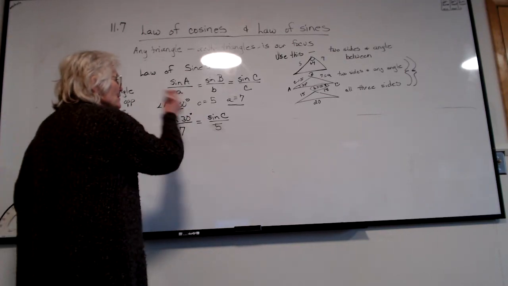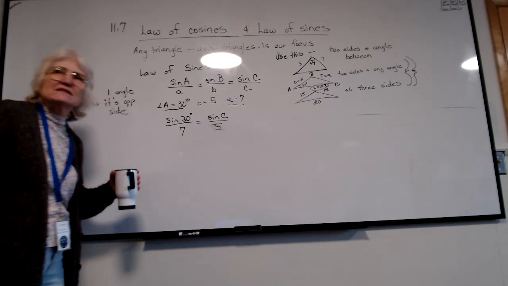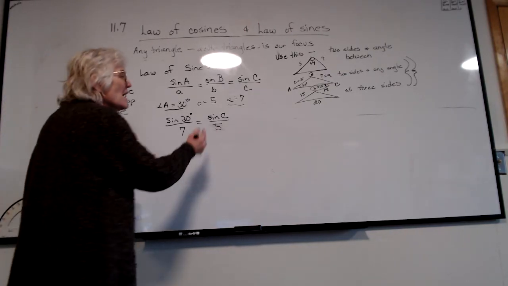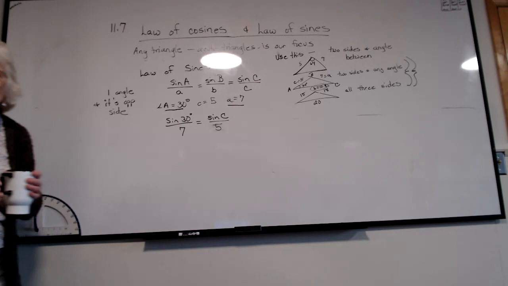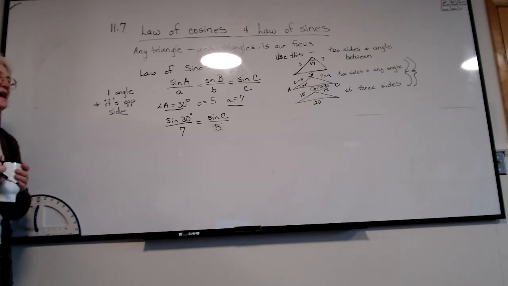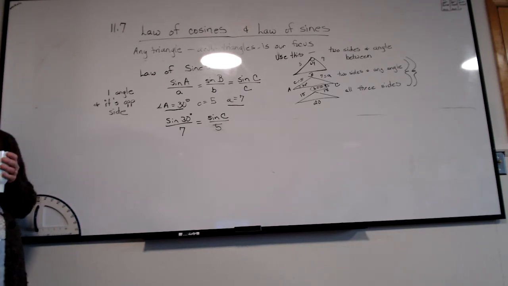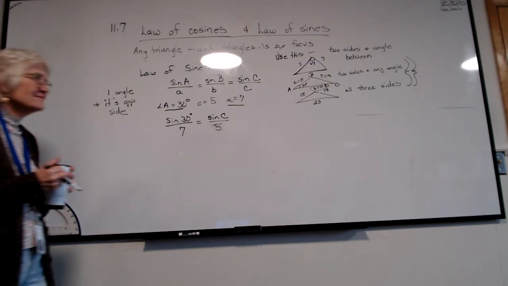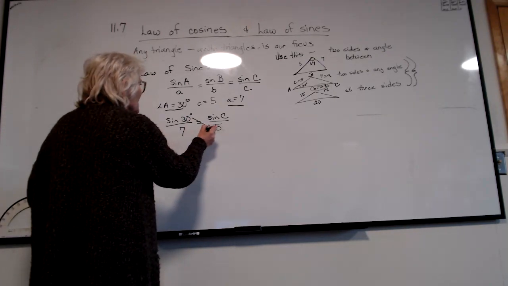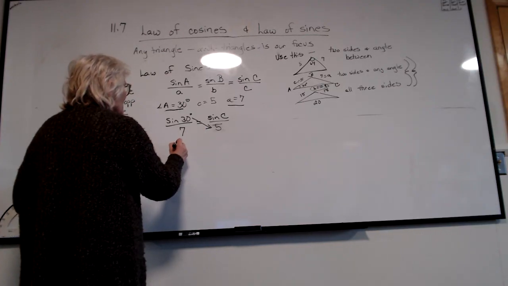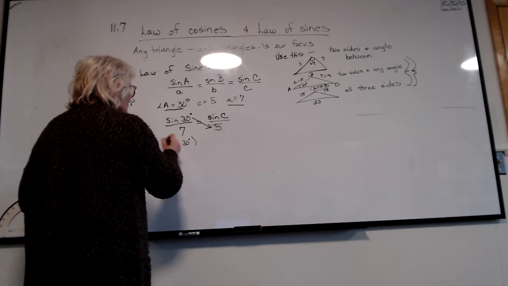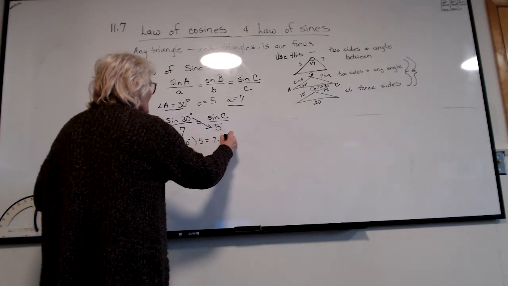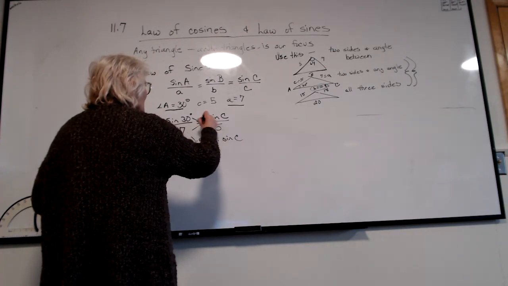So sine of 30 times 5, and then divide it by 7. Somebody do that in the calculator. Okay, because you do cross multiply. So this is sine of 30 degrees times 5 is equal to 7 times sine of C. That's the cross multiplication.